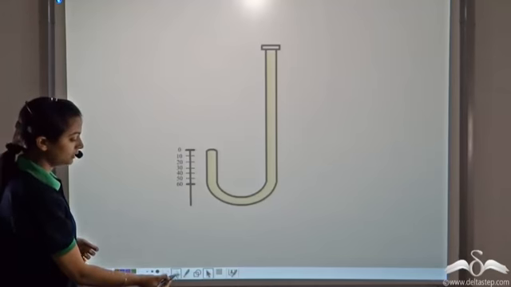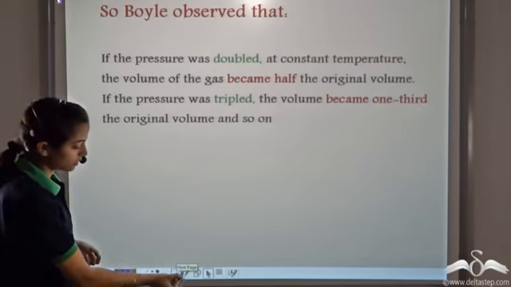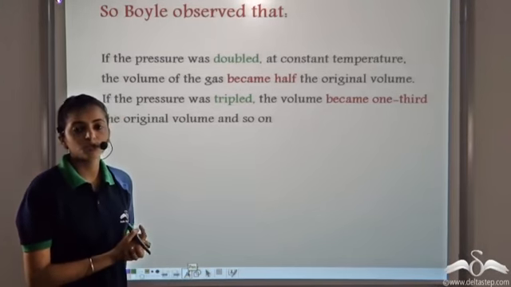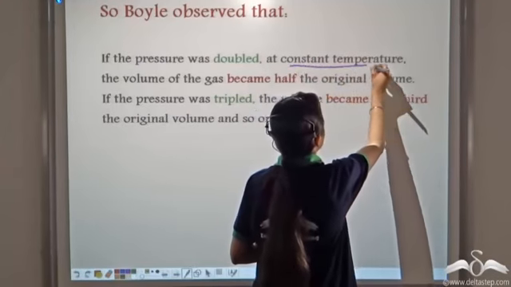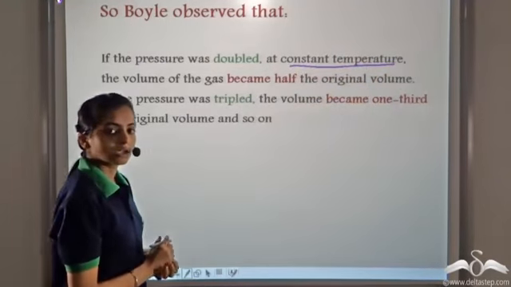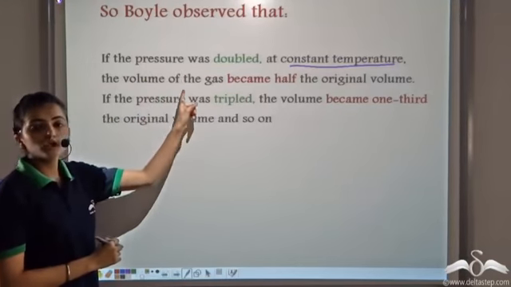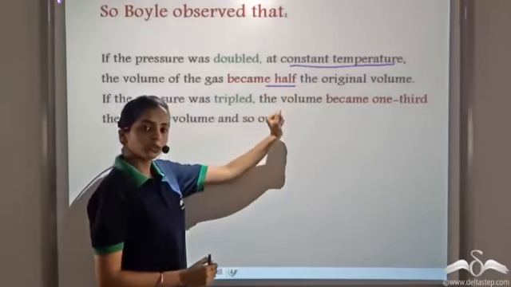So he concluded that if the pressure was doubled at constant temperature, all the calculations, the entire experiment which Boyle had performed was at a constant temperature. And he was able to observe that when the pressure was doubled, the volume of the gas became half the original volume.